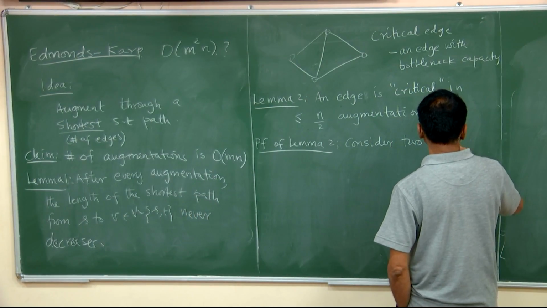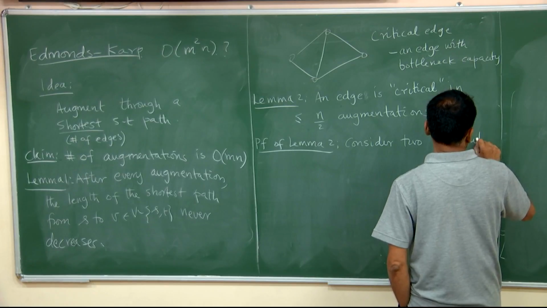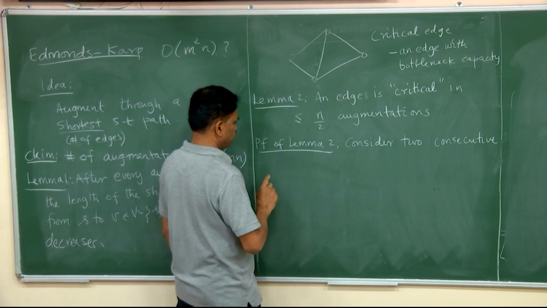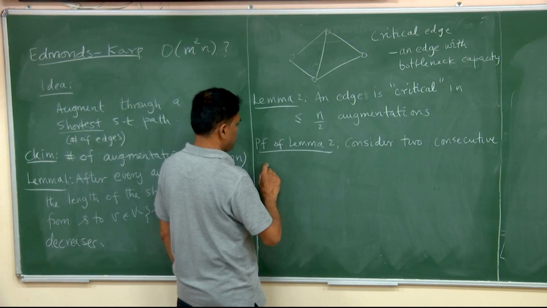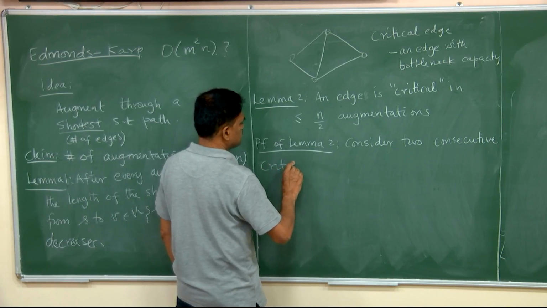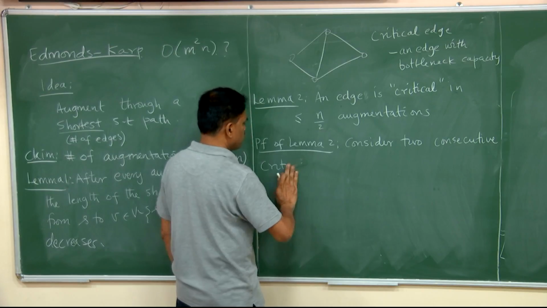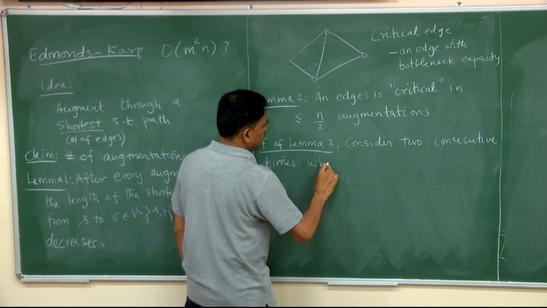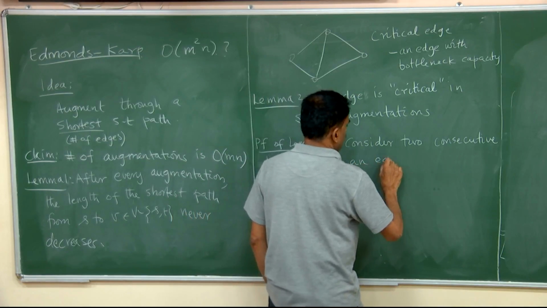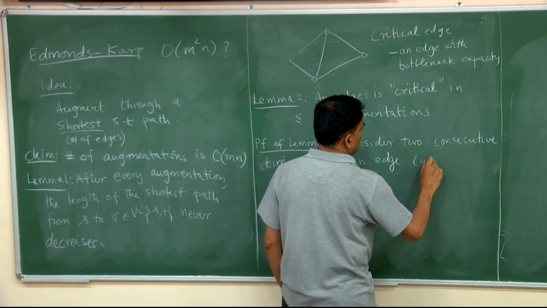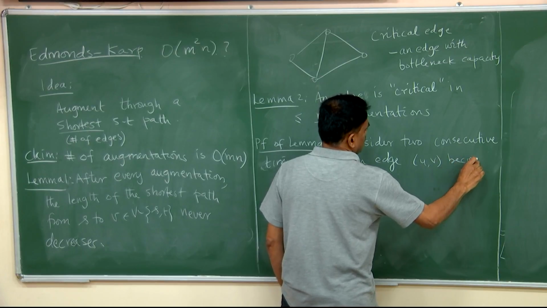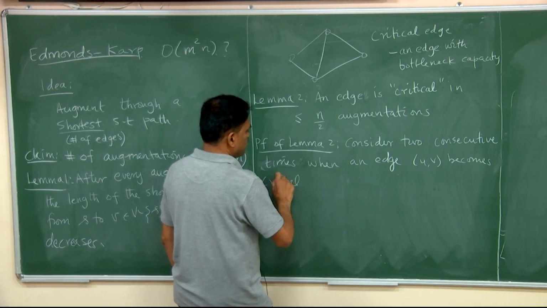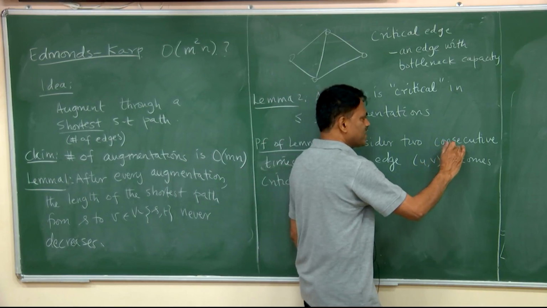Consider two consecutive critical augmentations, consecutive times when an edge UV becomes critical. By consecutive, I don't mean necessarily next to each other.